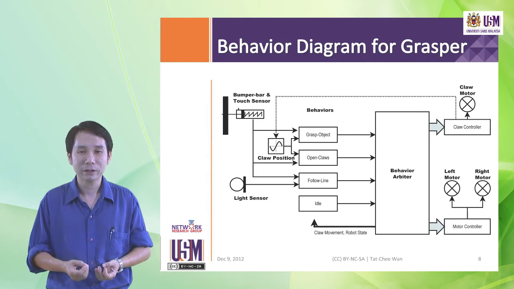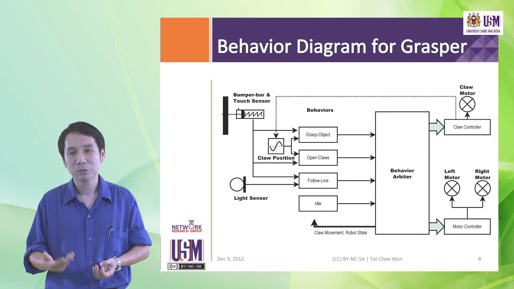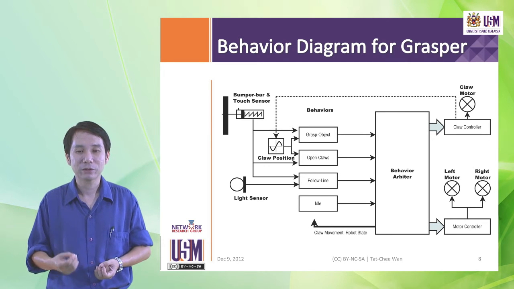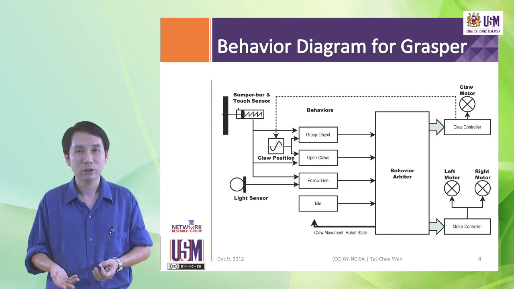All these behaviors are controlled by the arbiter to see which is the activated behavior, which will then program the motors with the appropriate output values. The arbiter also will provide some feedback to the behaviors, meaning the claw movement, whether it is closing or opening, as well as the robot state, which is used by the line follower to determine whether it is currently following a line or not following a line.